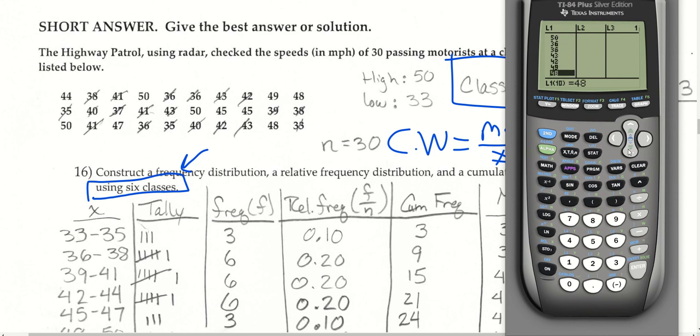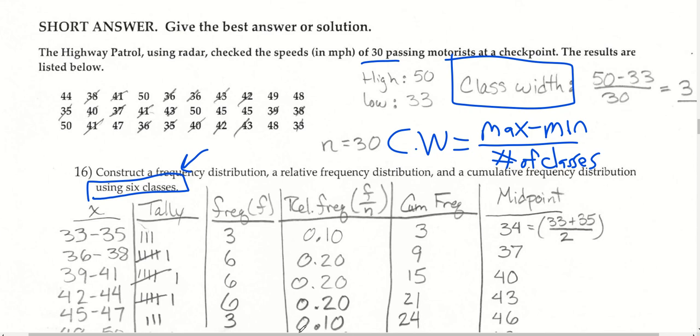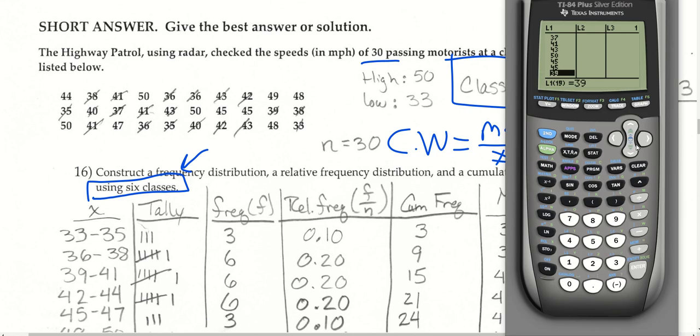Eventually we hit 48, and then it wraps back around, 35, etc. Notice that they tell us that there's 30 values here altogether. And when I enter my last value, 33, the calculator tells me that this is in the 30th position of my L1 list. So it's good to know that I did get 30 values in there.